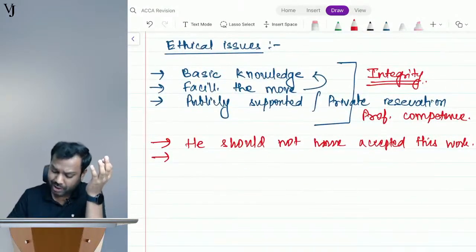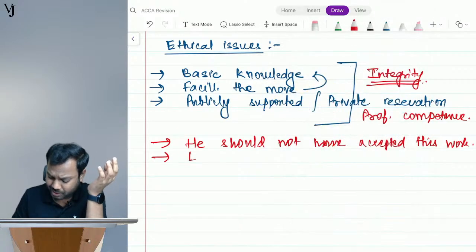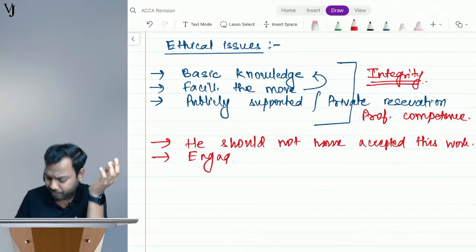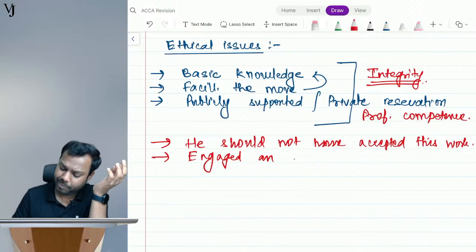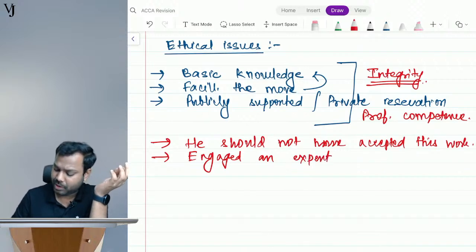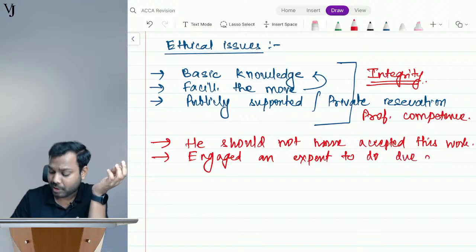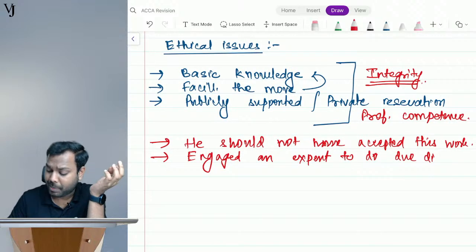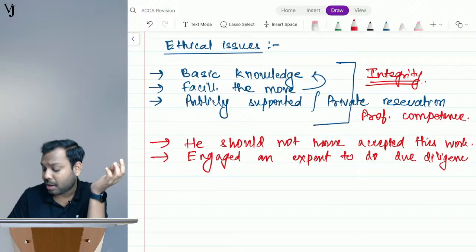What he should have done? He should have engaged an expert to do due diligence and get the comfort over that, and then support publicly, right? But what he did, he did not appoint an expert.